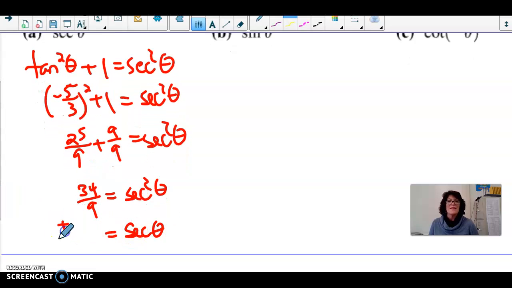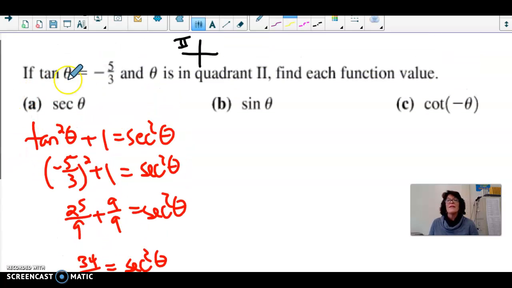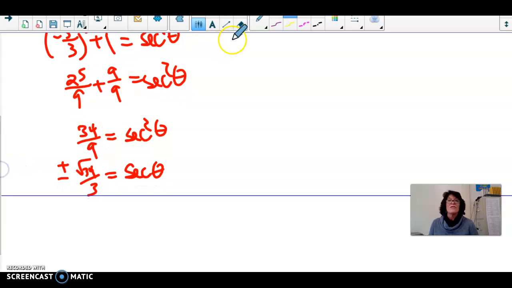Plus or minus, right? I have plus or minus the square root of 34 over 3. I took the square root of 9 there. So we have to think now, which is it, plus or minus? I'm in the second quadrant. Cosine is negative there, so is secant. So now I can just erase the positive part. I know now that it's negative square root of 34 over 3.